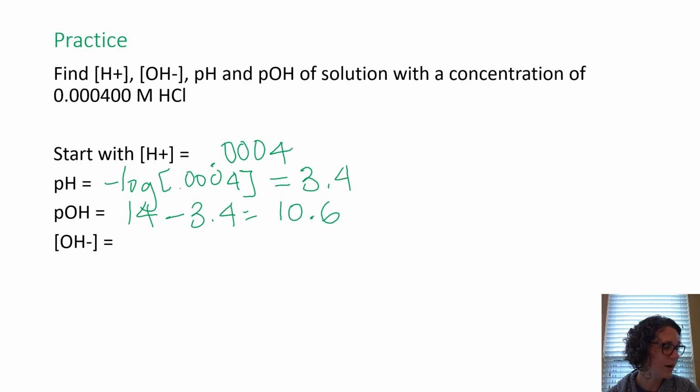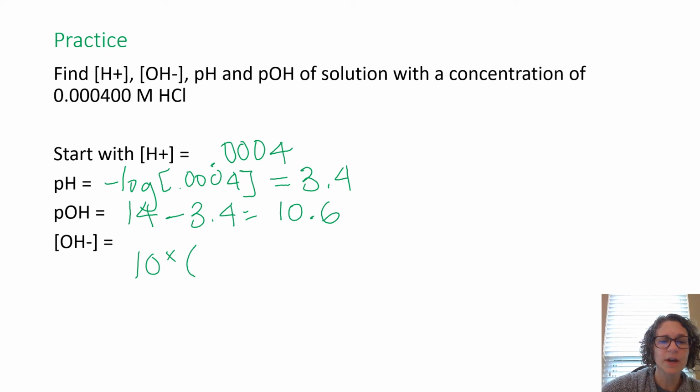This is where you're going to use the 10^x function. You're going to have 10^x, and you're going to do that for negative pOH, which is that 10.6. So 10^x to the negative 10.6.